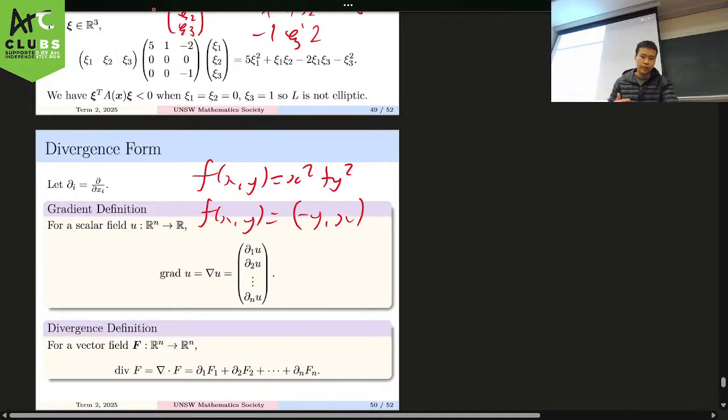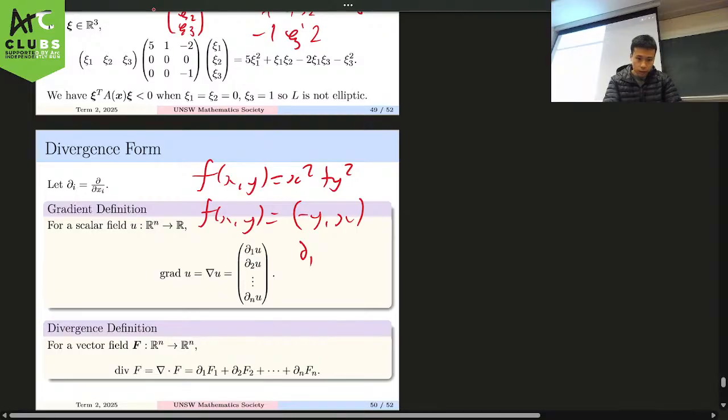We're going to call the divergence of a vector field defined as nabla dot product with our f, our vector field. So it's essentially like the partial derivatives, but not multiplied; you apply each to the ith component of your vector field.